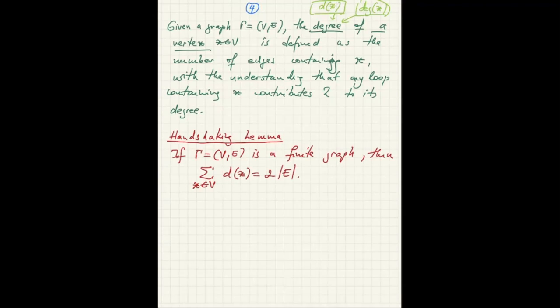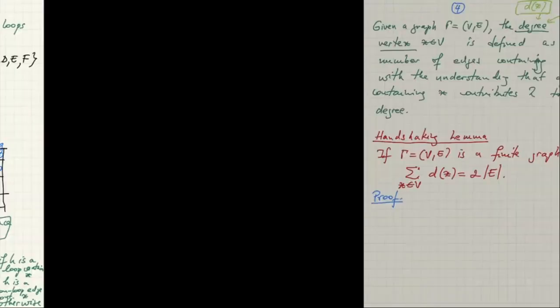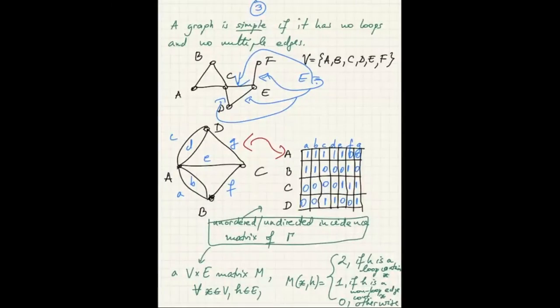Okay. Now, how do we see this? Well, in some sense, we already have a proof. If we look at the picture that I drew here with this unordered, undirected incidence matrix of gamma, this is a matrix, like we said before, that has 0s, 1s, and 2s in general. Now, if we look at each column, the sum of the entries is 2.